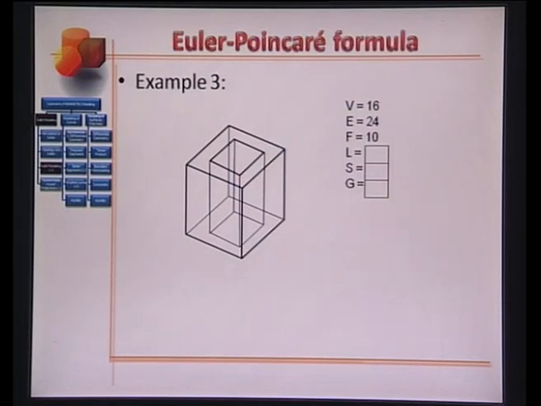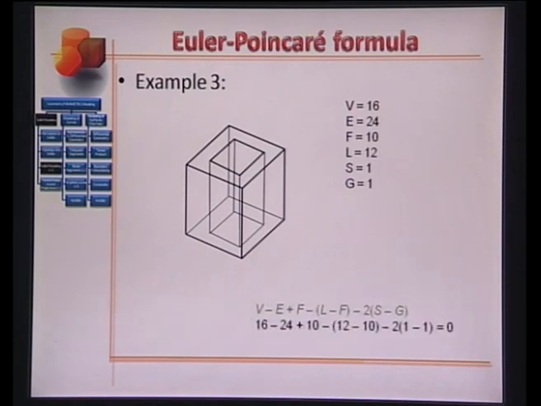The number of loops will still be 12. The shell value is 1 and the genus value is again 1. Remember that this solid is again homeomorphic to a torus. We plug in these values into the Euler-Poincaré relation and again see that the relation is satisfied.